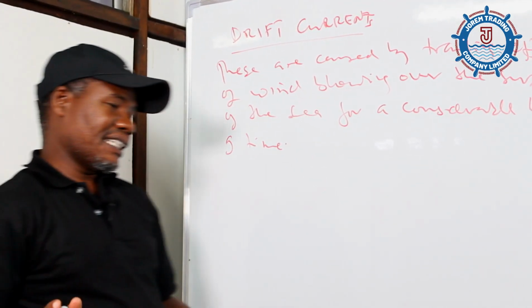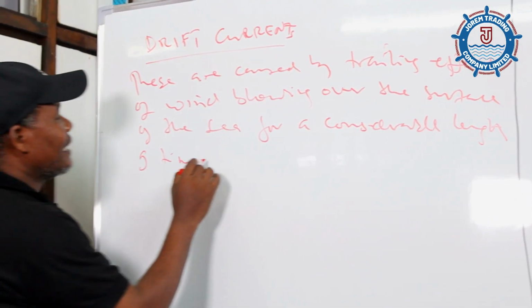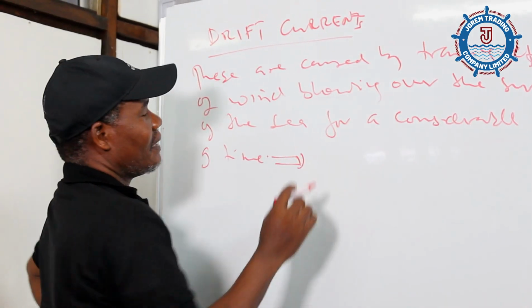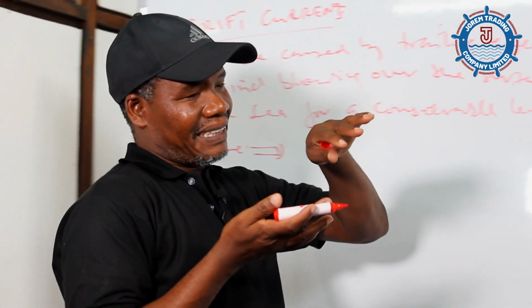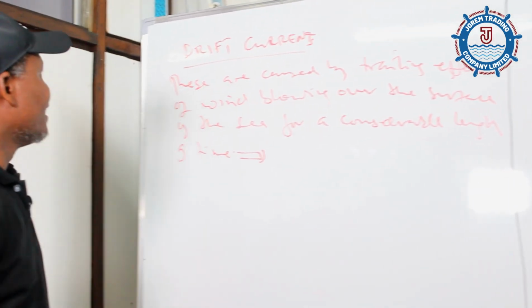So this will cause the surface water to start moving. The wind is blowing, pushing the upper surface, so it leads to a thick layer of upper surface to start moving in the direction of the wind. This is how drift current is caused.